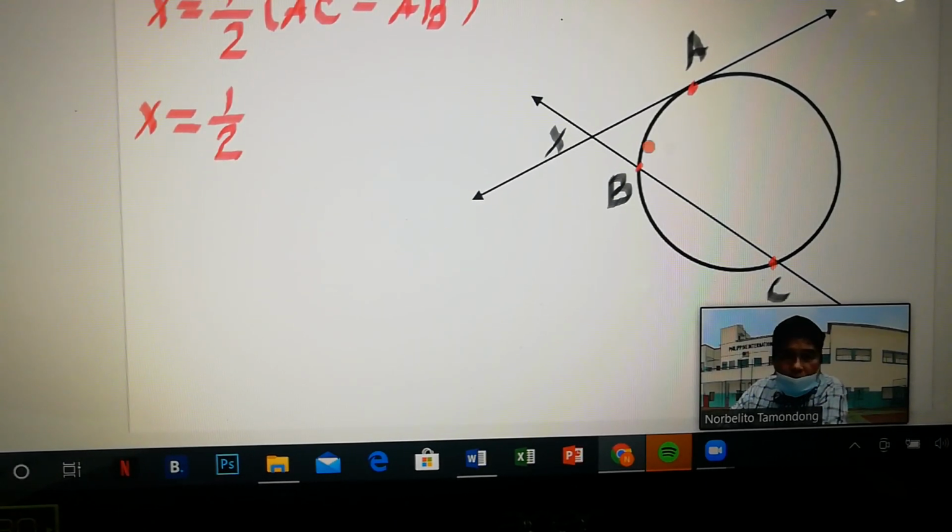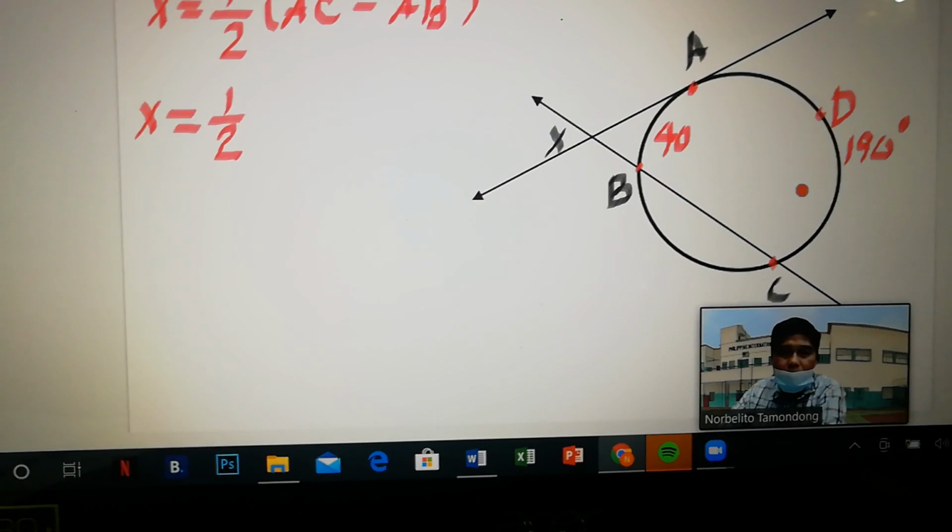So X is now equal to 1/2 of, let's see, your AB is equal to 40 degrees and your EC is 190 degrees. So this is already a major arc. We will name here point D to name the major arc AC.